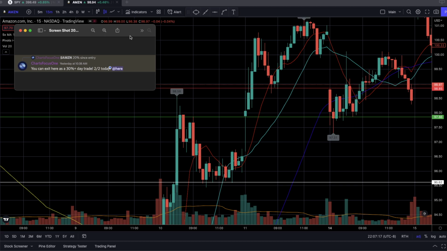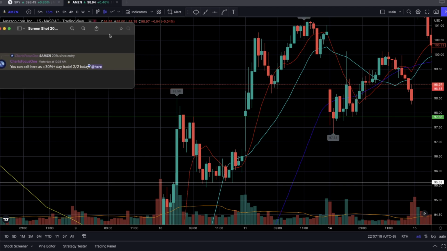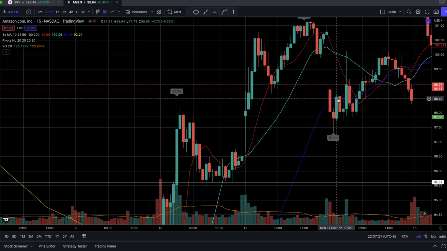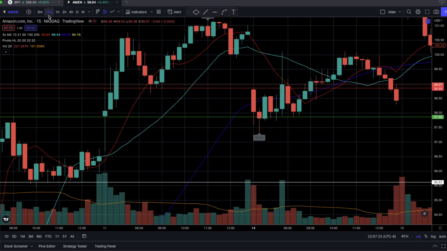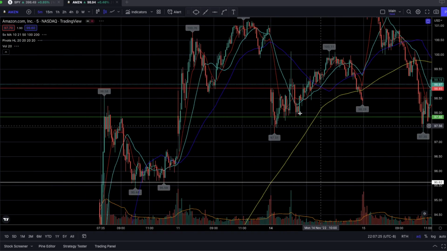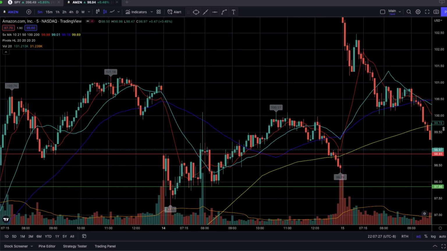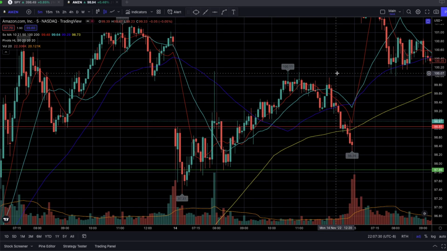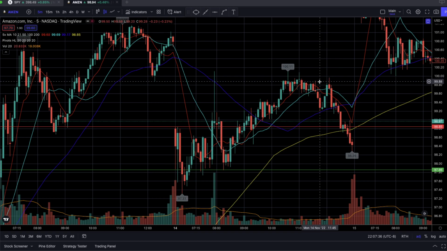So why did I say to exit here for my day traders? Let's go down to the 5-minute time frame again. Mind you guys, I was looking at the 15-minute time frame for the rest of the day on this specific Amazon trade, and I'm just going down to the 5-minute time frame to give you guys more details.